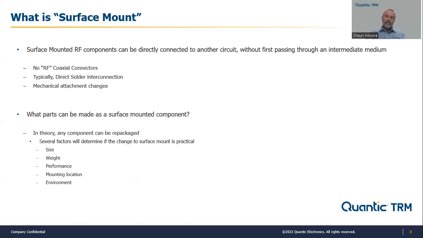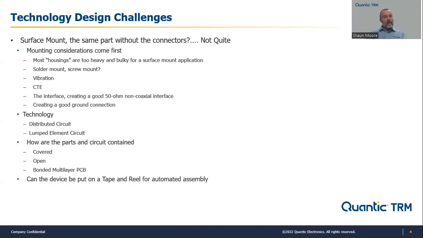Okay. And what are some of the technology design challenges that you had listed on the overview page? Sure. So the thing to keep in mind here is that a surface mounted part is not the exact same part without connectors. It is similar to that, but it really isn't the same part.